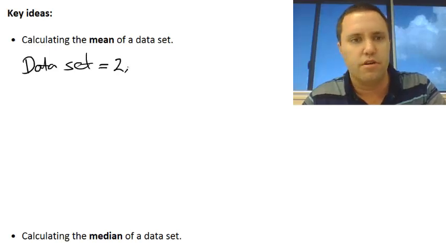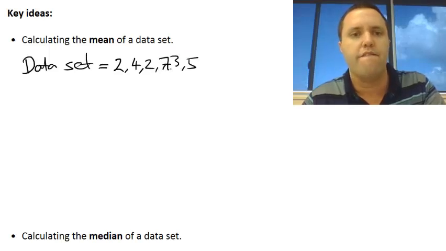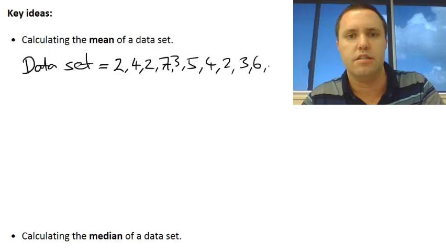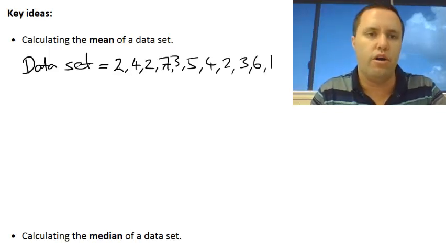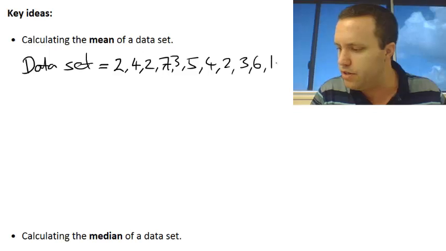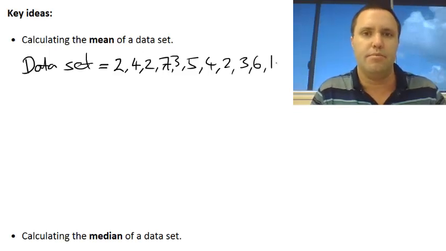So someone knows 2, someone knows 4, 2, 7, 3, 5, 4, 2, 3, 6, and 1. That's a sample of, let's count, 1, 2, 3, 4, 5, 6, 7, 8, 9, 10, 11. So 11 people were surveyed to see how many Cassies they knew, and that's the number that they gave.